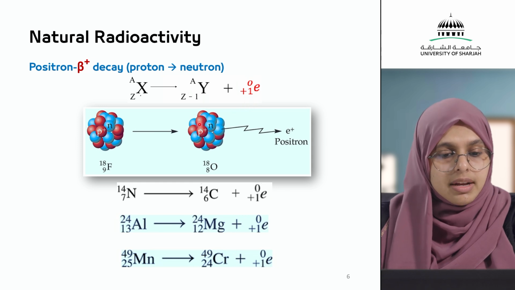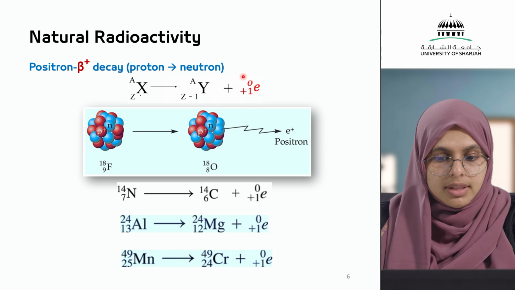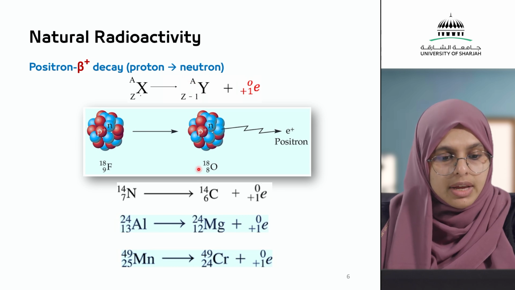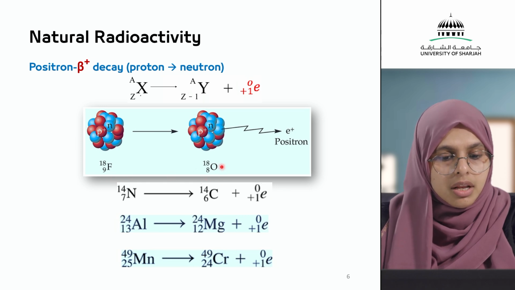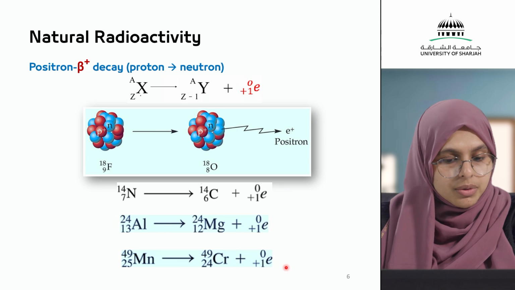When a radioactive element emits a positron, the atomic number is decreased by 1 unit and the mass number remains the same. If you look at this example, fluorine-18 nucleus is disintegrated into stable oxygen-18 nucleus and a positron. A few other examples are also shown here.